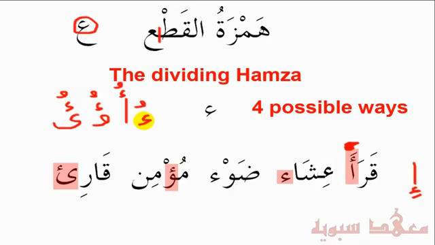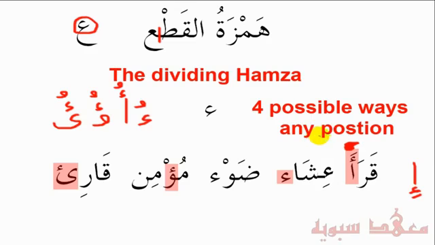So u, u, u, u. So the question is, if this occurs in a word, how do we know how to write it if there are 4 possible ways? Another point is that the Hamzatul Qata' can be in any position. And this is different from the other Hamza that we'll speak about later on. So it can be in the beginning of a word, in the middle of a word, or at the end.